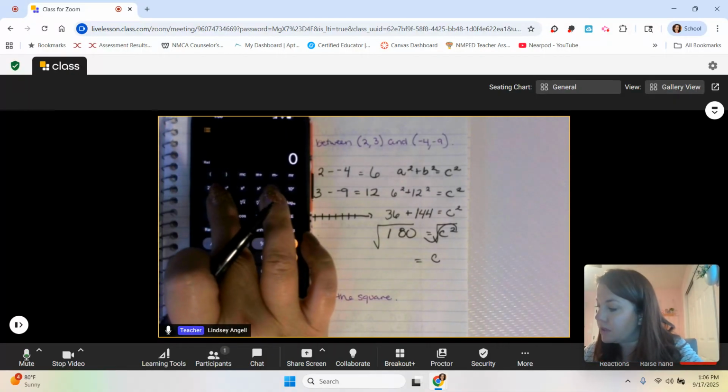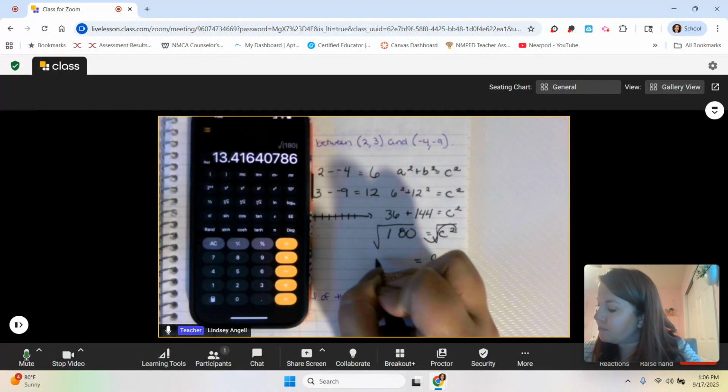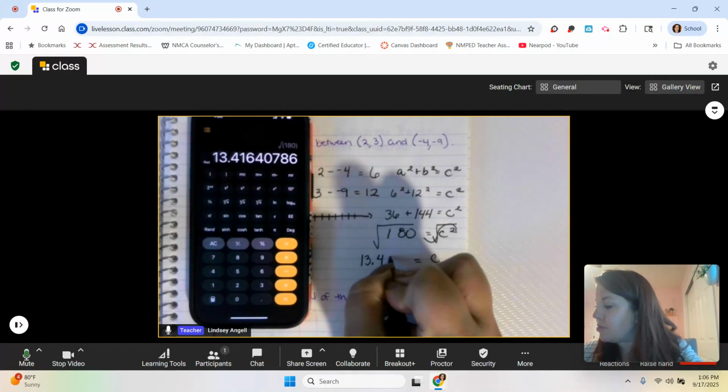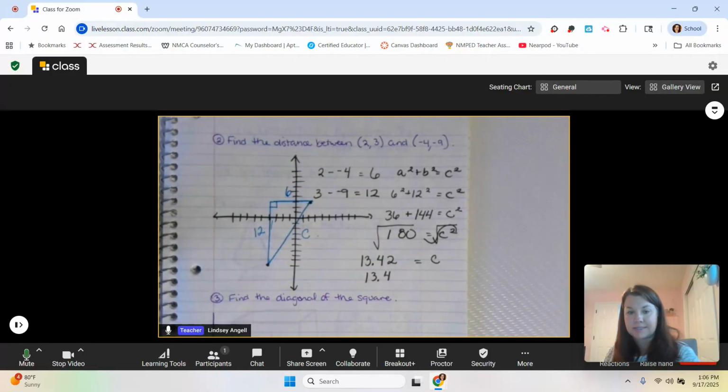It's pretty cool. So the square root of 180 gives me 13.42, or 13.4, depending on if it asks you to round to the nearest tenths or hundredths. Okay?